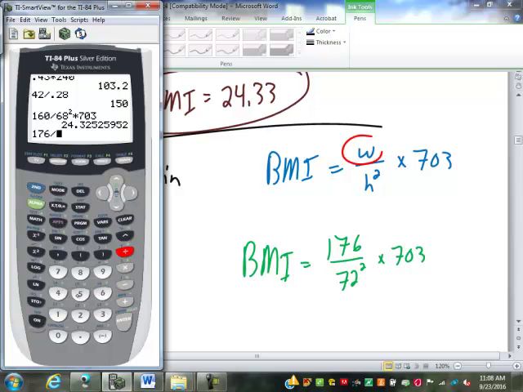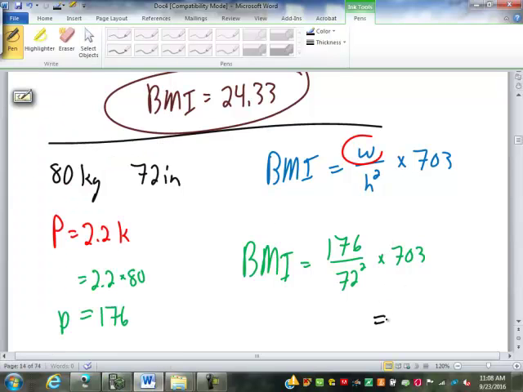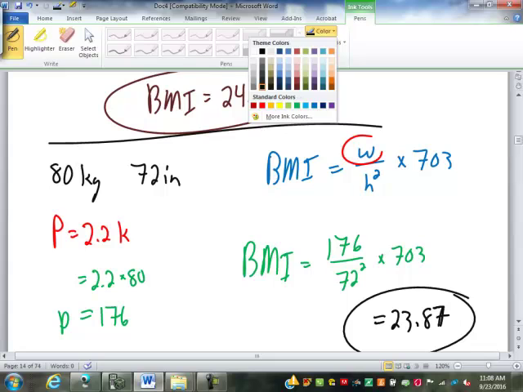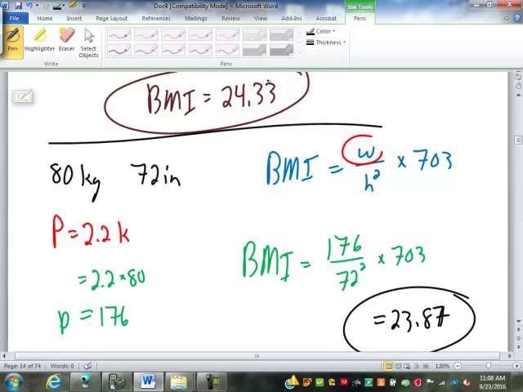And 176 divided by 72 squared times 703. So 23.87. Any questions? Okay.